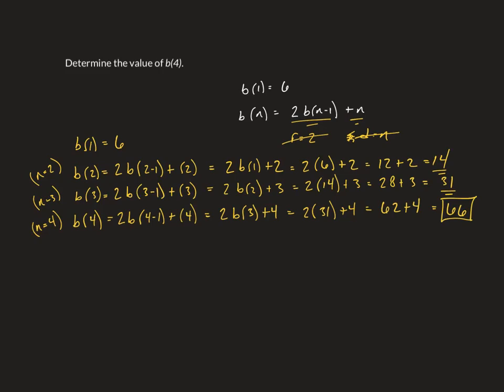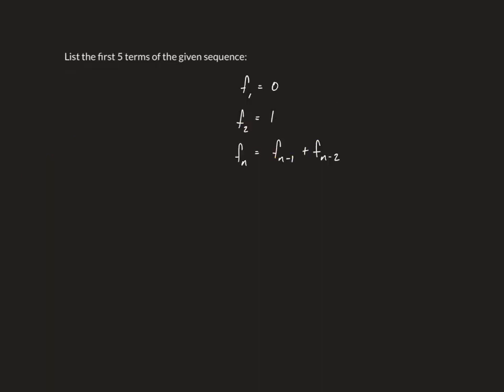The last example, I'd like you to try doing it on your own. But we're asked to list the first 5 terms, and we're already given the first term and the second term. And so if I want to find the third term, I have to follow the instructions. In this case, it looks like n would be 3.